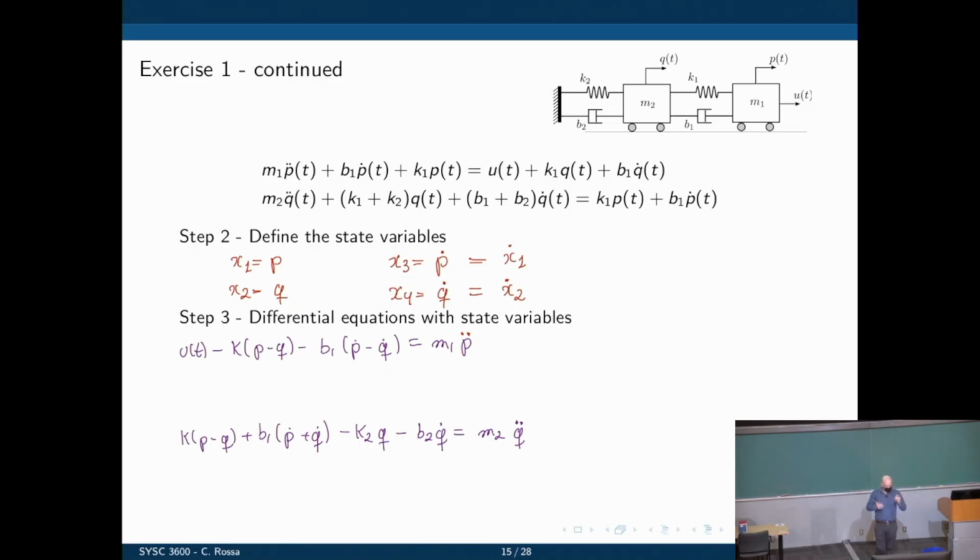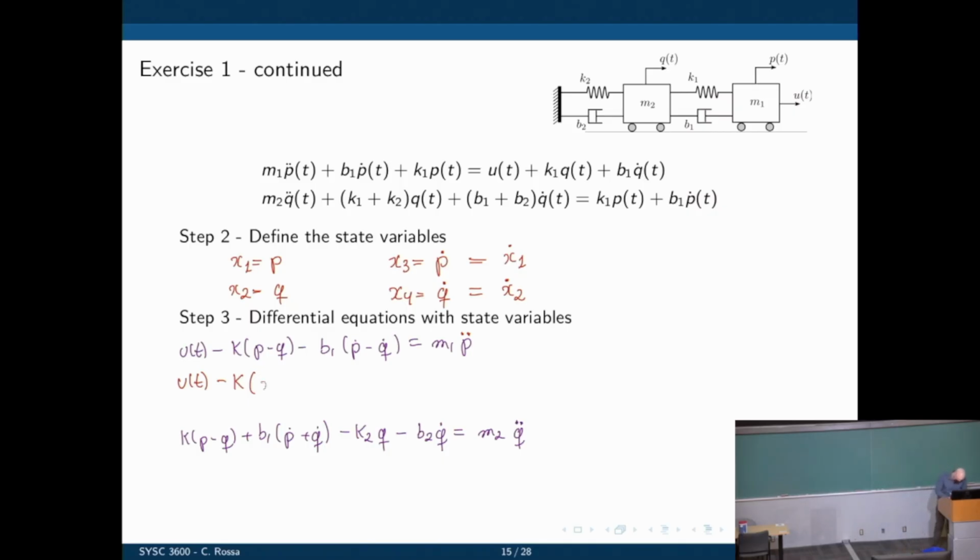Let's use the first equation to rewrite that as a function of our states. U of t is the input. We'll leave it as it is. It's the input minus k, which is a constant. P and q are variables, state variables. P is x1 and q is x2.